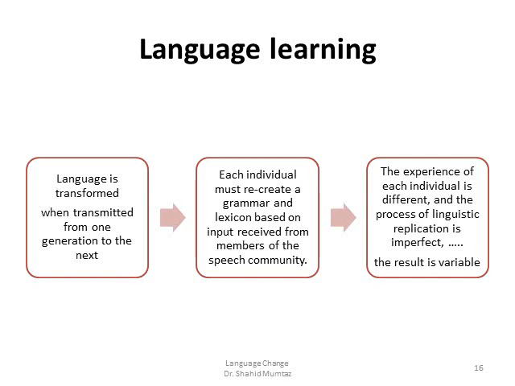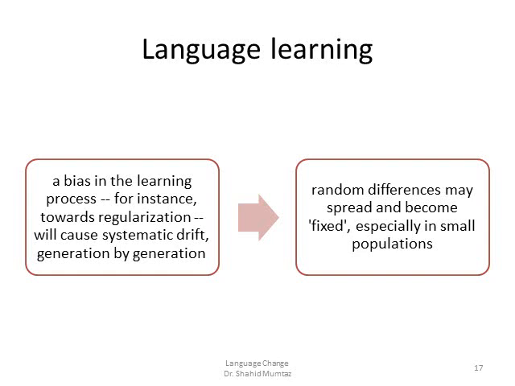The experience of each individual is different, and the process of linguistic replication is imperfect, so that the result is variable across individuals. However, a bias in the learning process, for instance towards regularization, will cause systematic drift generation by generation.